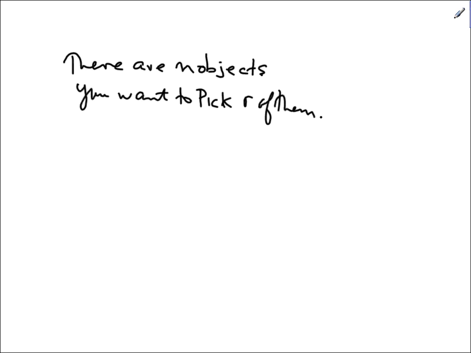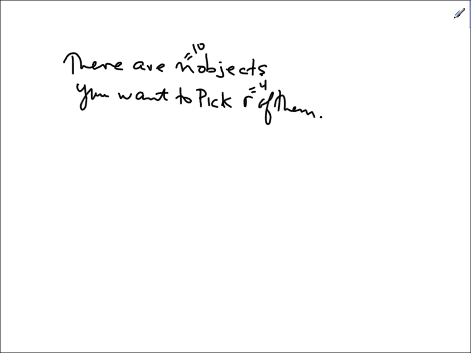The order doesn't matter. 10 people come to you looking for a job. The people are the objects, so in that case, n is 10. You want to pick 4 of them, but the order doesn't matter.